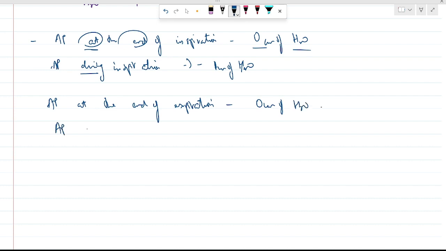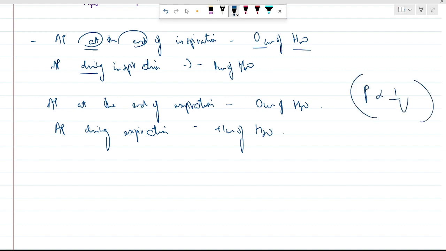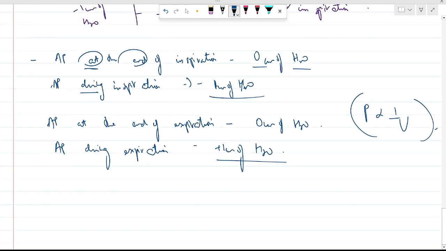During expiration, what peak value does it reach? Yes, plus 1 cm of water. Always remember this value. So it fluctuates between minus 1 to plus 1 cm of water.